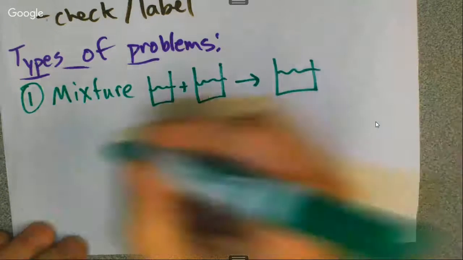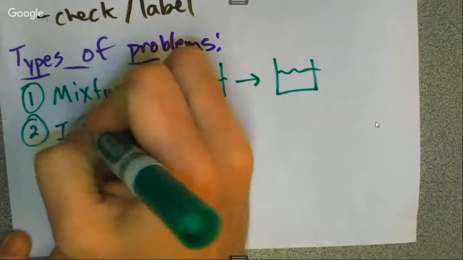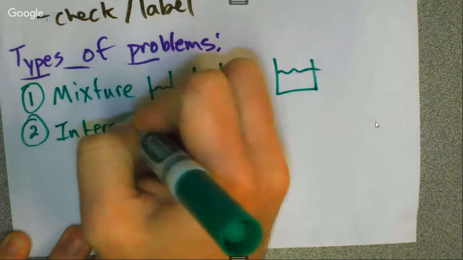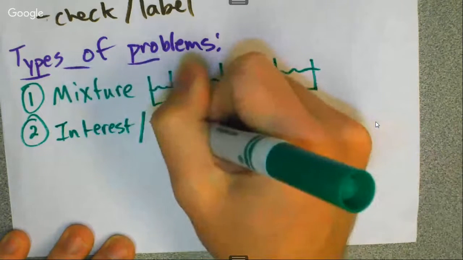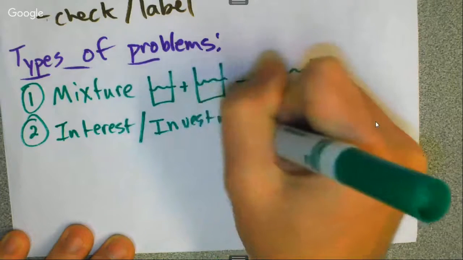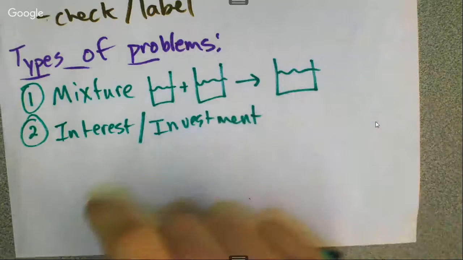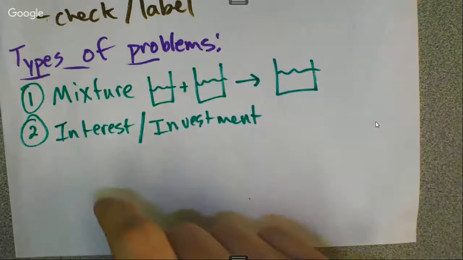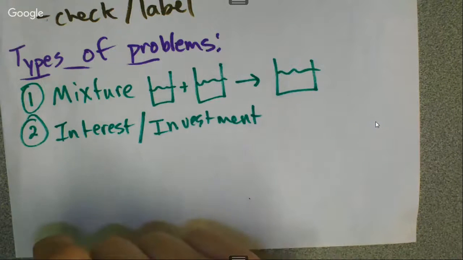Number 2 is interest/investment problems. Okay, so how much if I put money into a bank for 5 years at 2.5% interest, how much money will I make?